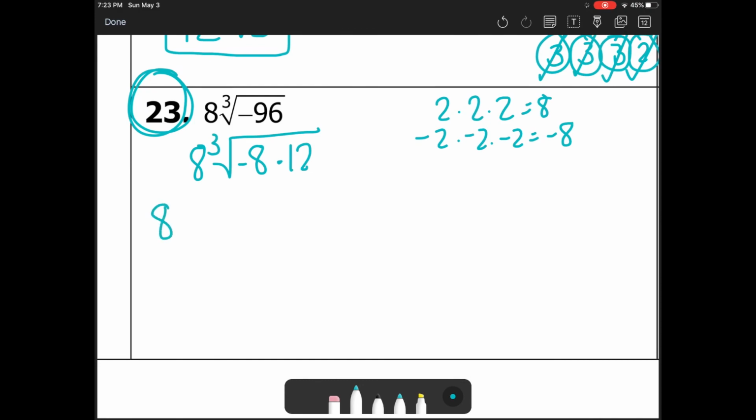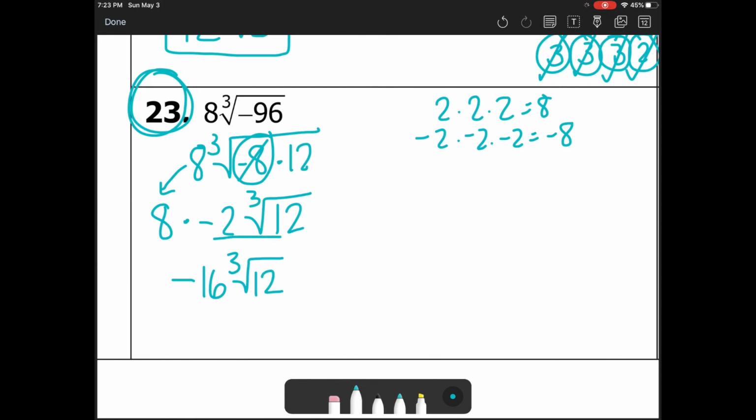So I'm going to pull out the -2. The 8 in the front stays. Cube root of 12. 8 times -2 is -16. Cube root of 12. And there you go. That's how you do the negatives.